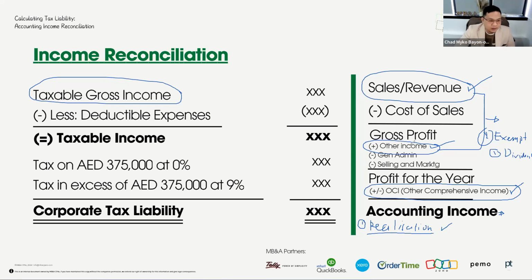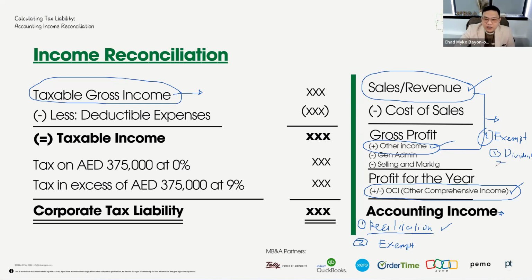You have it here as part of your dividend income. As per the UAE corporate tax, this dividend income is not part of your taxable gross income. So meaning that should be reduced from your accounting income. That shouldn't be included. So you have here exempt. So that will be reduced.